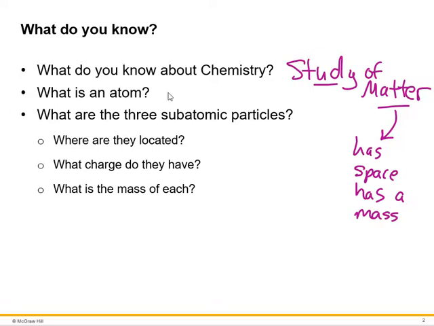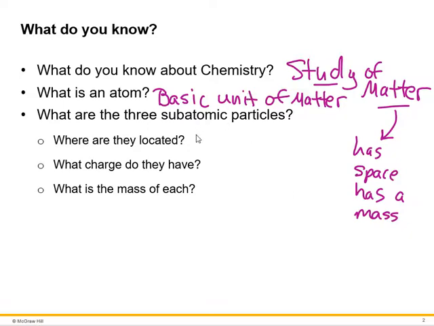And so what is an atom? I love my short little definitions, and so my basic definition for this is the atom is the basic unit of matter. So all of matter is made up of atoms, and atoms are made of 3 subatomic particles.